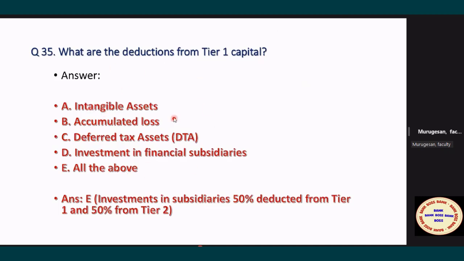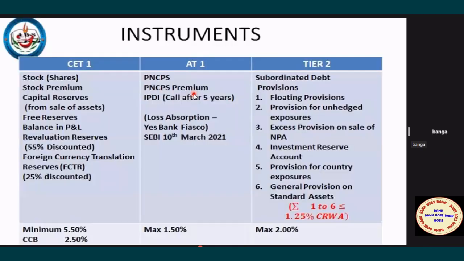Add-on assets mean assets of negligible value or no value. That is the realistic, real-time way of calculating your CET tier 1. Tier 1 consists of two parts. Knock it off means reduce it.